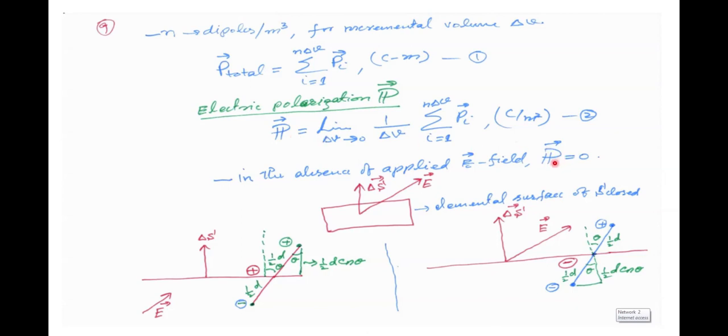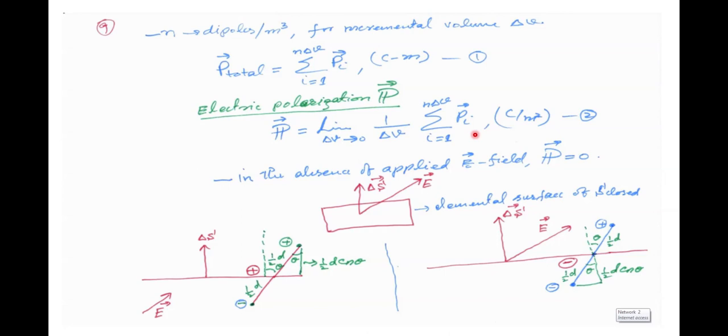In the absence of an electric field, polarization is nearly equal to 0. There are some materials in which dipoles already exist, but they are oriented randomly, so the net effect of those dipoles is 0, hence polarization is 0.